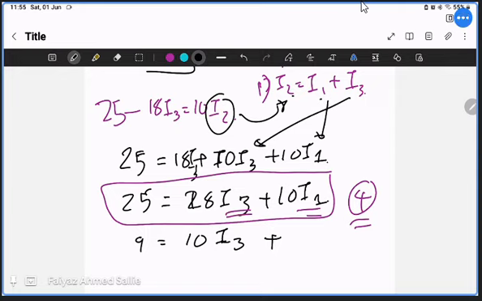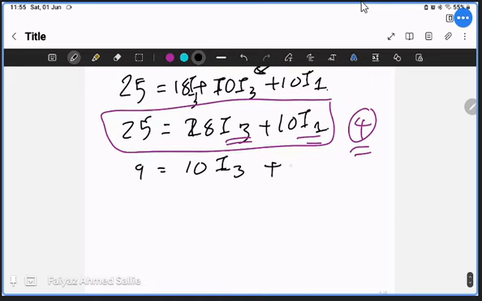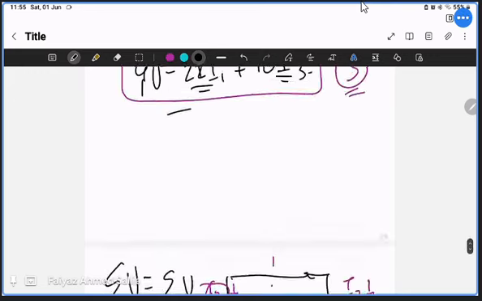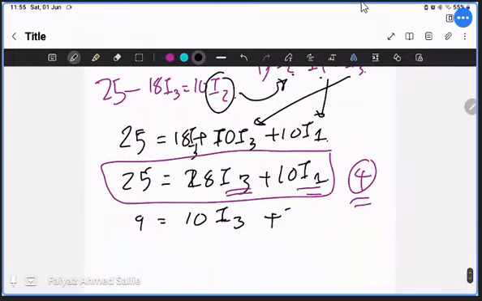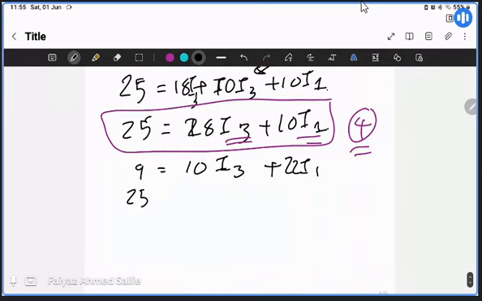So now what is the equation? 10 I3 plus 22 I1, 25 equals 28 I3 plus 22 I1.